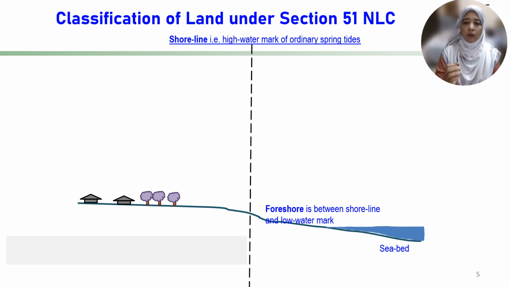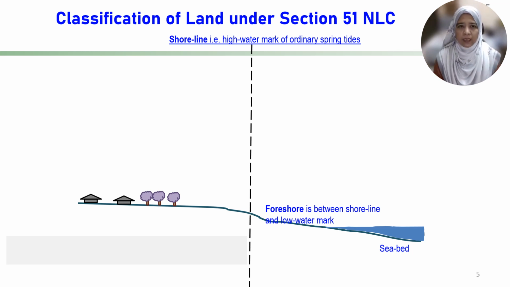Now we go back to the shoreline just now. If you can imagine, this is a cross section of land, typical of land. So we have the shoreline, and then we have land above the shoreline and land below the shoreline.